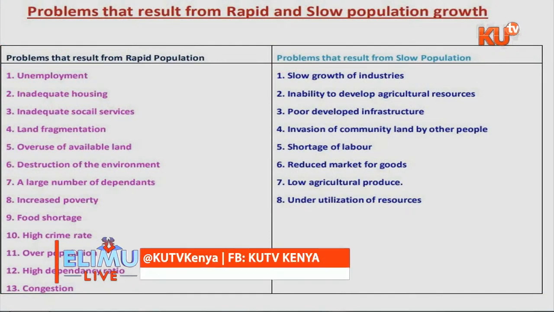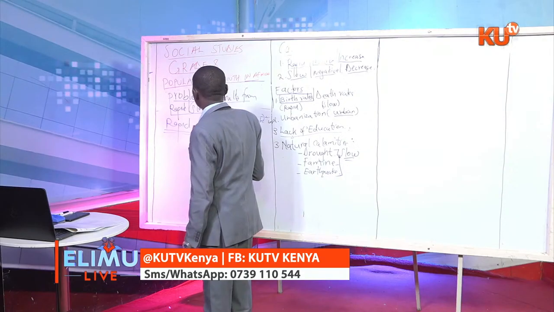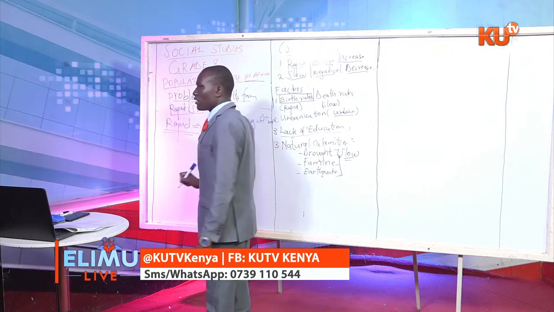And lastly, underutilization of resources. If we have many resources in a given area and the population is very low, nobody is going to use those resources.